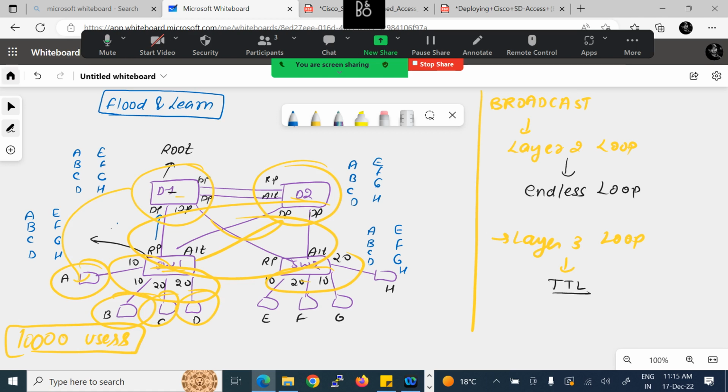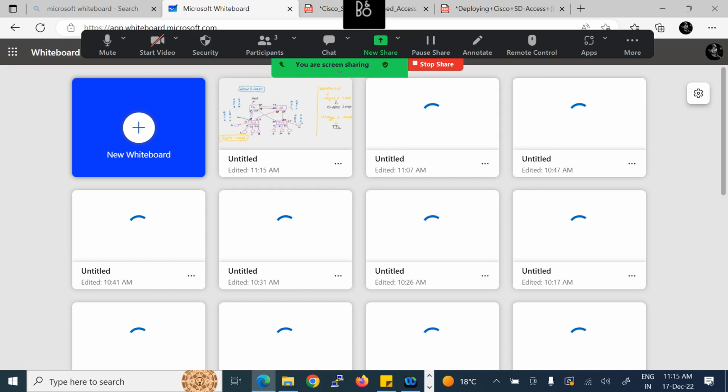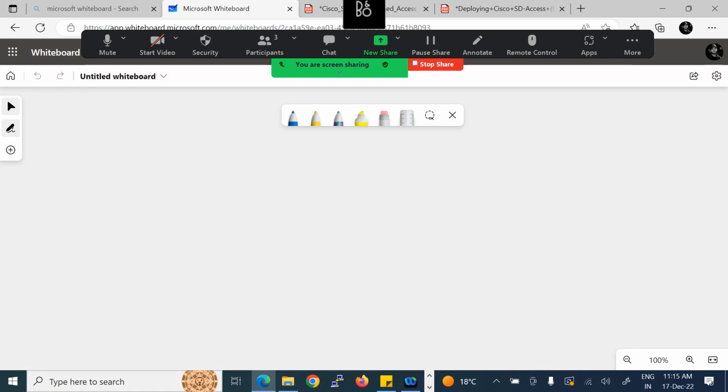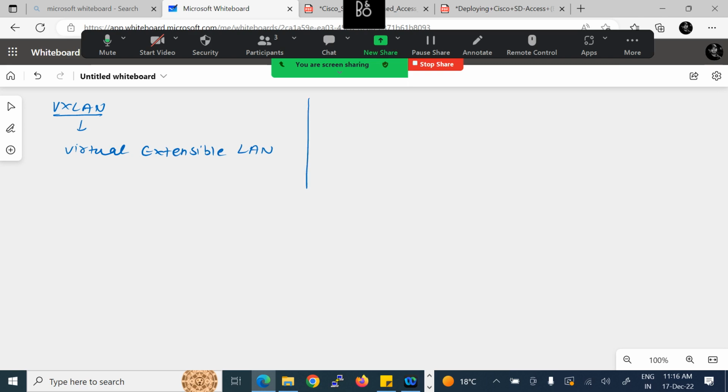It will be very clear to you when I talk about VXLAN, virtual extensible LAN. Okay. So in SDA fabric, we will talk about VXLAN.